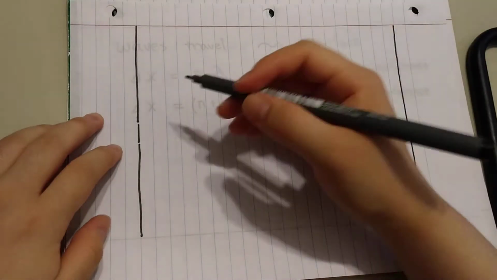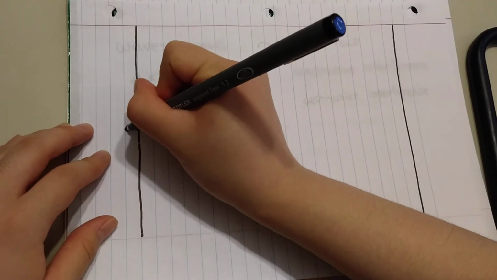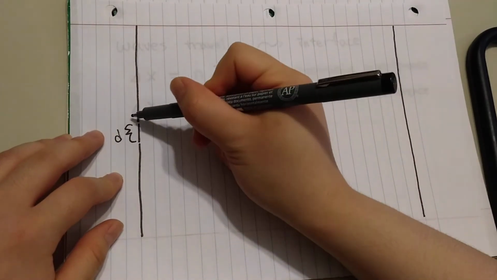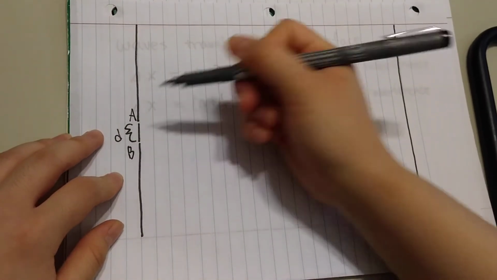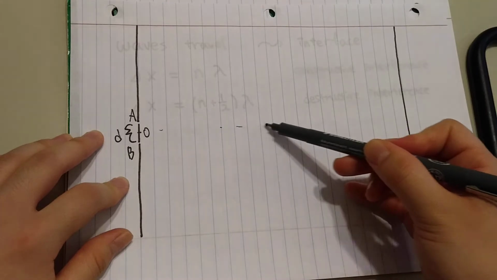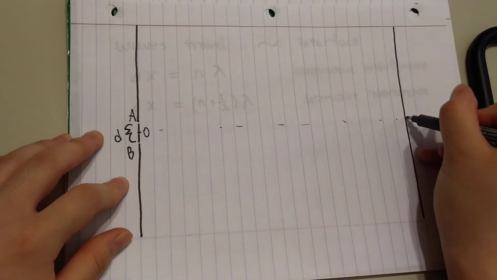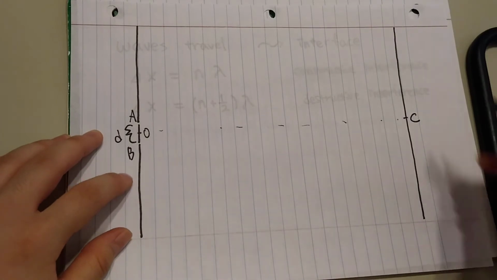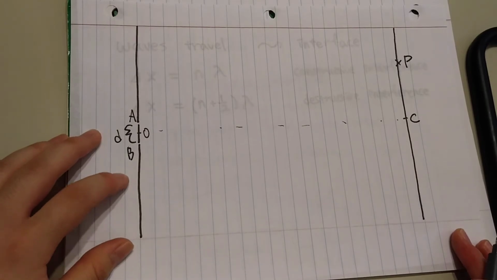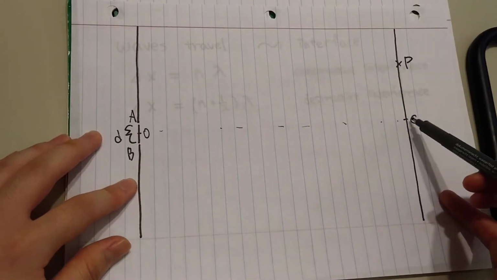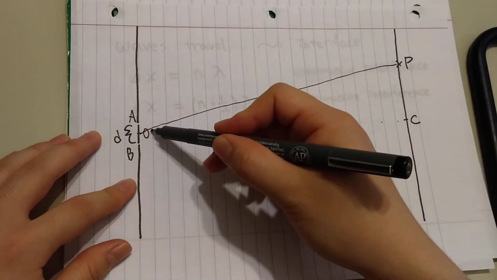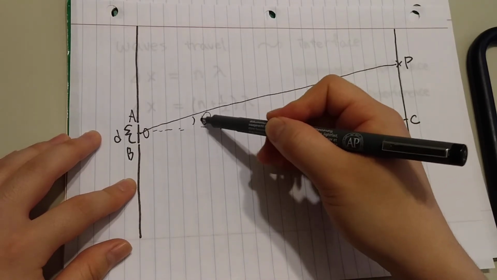So there are two slits separated by distance d, and I will label those slits A and B. And in the middle, I will label it O, and straight to the wall is C. And I will pick any point and label it P. And this angle COP, I will label as theta.